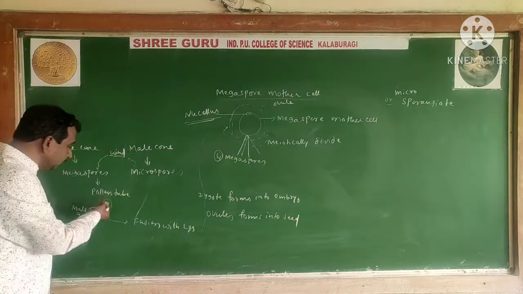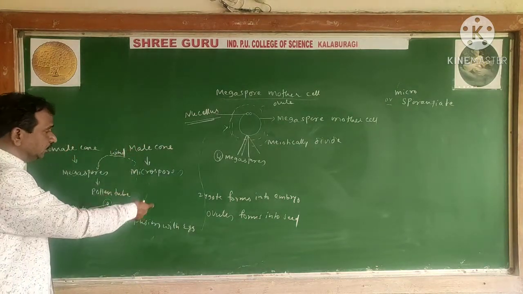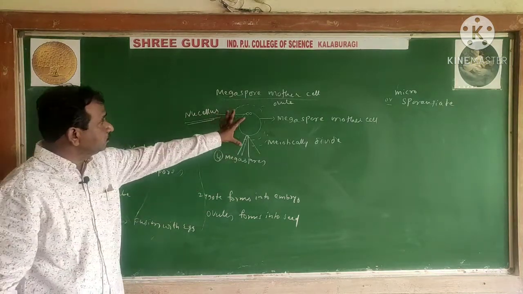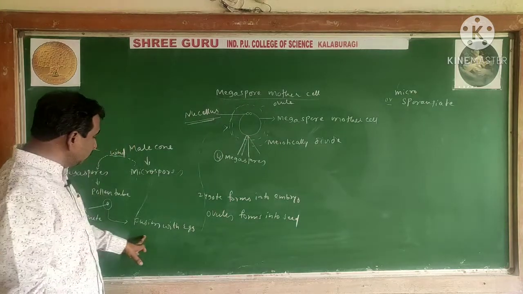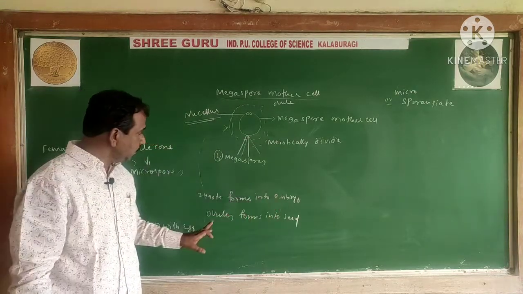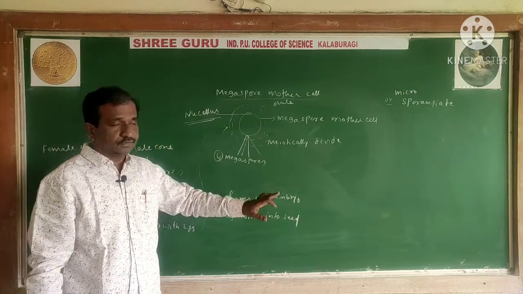This pollen grain normally communicates with the egg, that is, the ovule. Inside the ovule, that is, the megaspore mother cell, as we said. So what will happen? Once fusion happens, the zygote forms into embryo, and later the ovules form into seed.